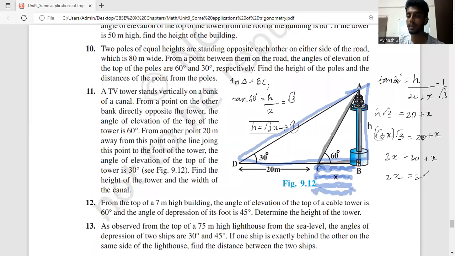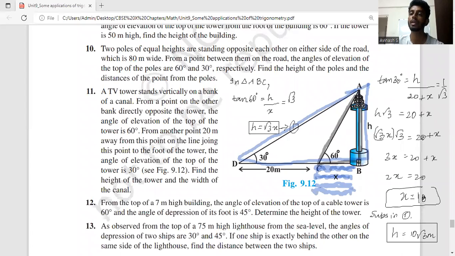You get 2X equals 20, and X is equal to 10. This is the value of X that we are getting. But we are supposed to find the height of the tower. So when we substitute this value of X in condition 1, you get H equals 10 root 3 meters. So the height of the tower is 10 root 3 meters. This is how you do the 11th question.